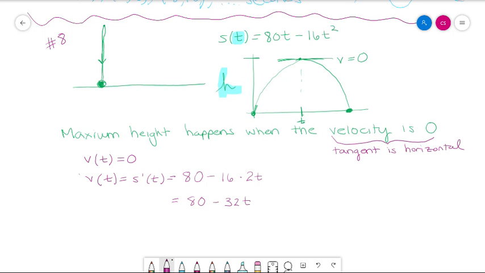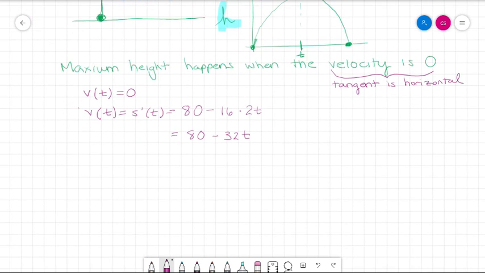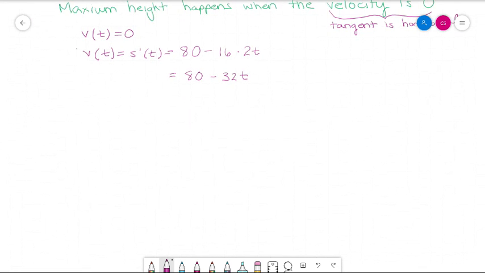So we want to know when this is equal to 0. All right, so 80 minus 32t equals 0, and we're going to solve it. Okay, so you can solve it a couple different ways. You can subtract 80, divide by negative 32. You can add 32t, so everything stays positive.